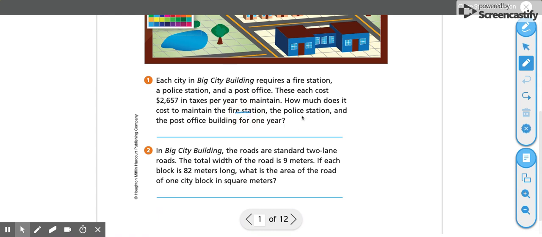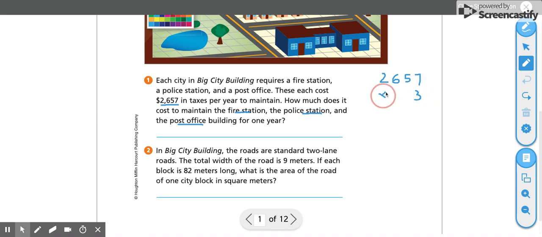We've got a fire station, a police station, and a post office. So we have 3 places, and each building is $2,657. So I'm going to take that $2,657 and multiply it by 3 for the 3 buildings that I'm trying to maintain.